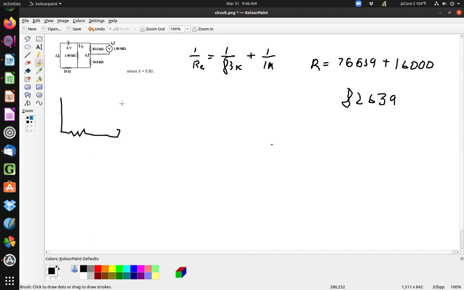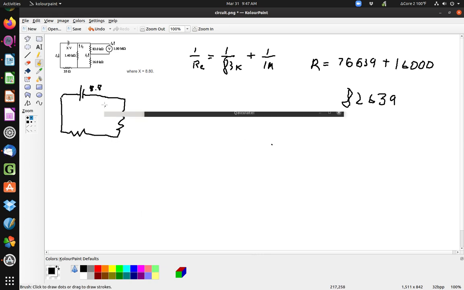Okay. So let's put that resistor in here. Not pretty, but it'll work. There's our battery, which is going to be 8.8. And then over here, we've got to put this one in here.